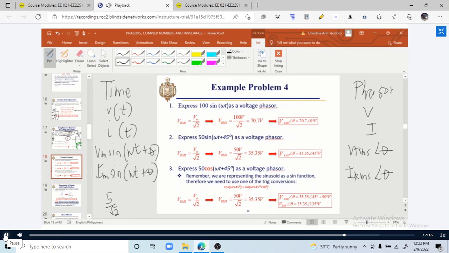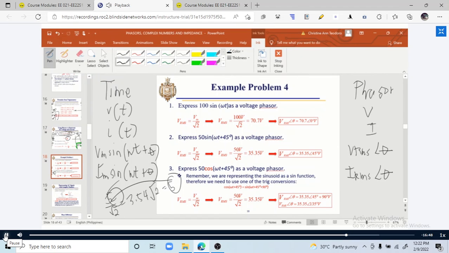It will give us 3.54. And at the ending process, you are going to go back to the original format. In order to convert your VRMS to your VM, you will again multiply it by square root of 2, and you will come up with the same answer, 5.